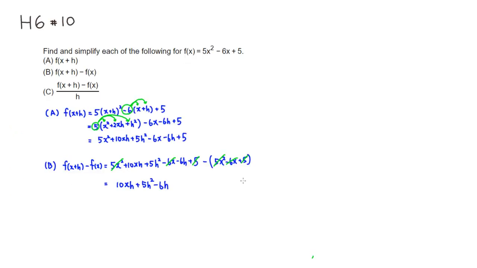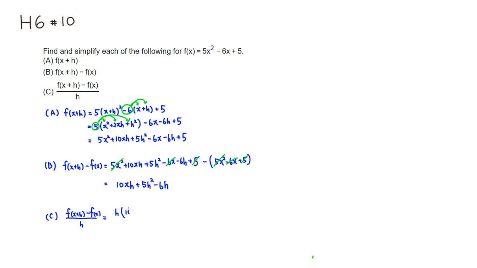So let's do that. We want to find this difference quotient, which is f of x plus h minus f of x, divided by h. The numerator is the answer from B, and the one thing I would do is, since every term seems to have h in it, I'm going to factor h out.